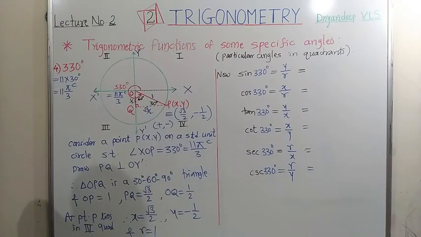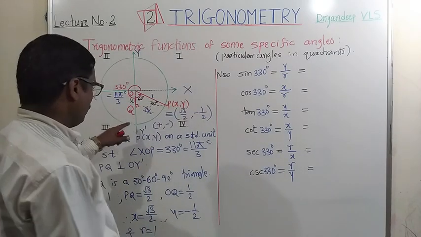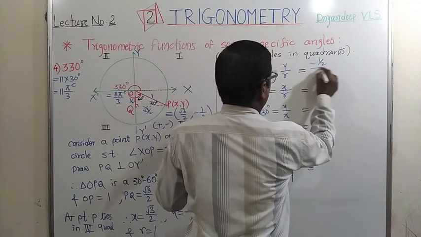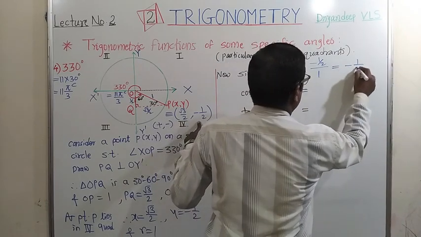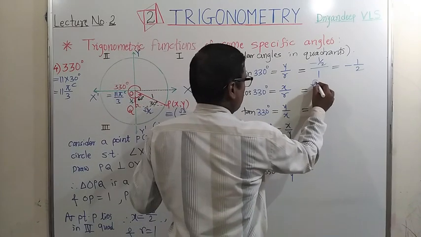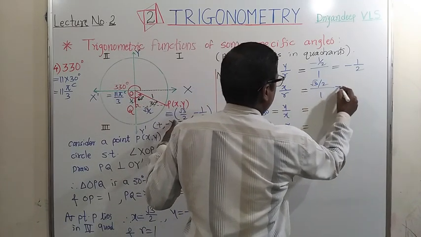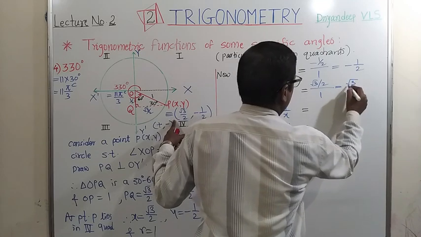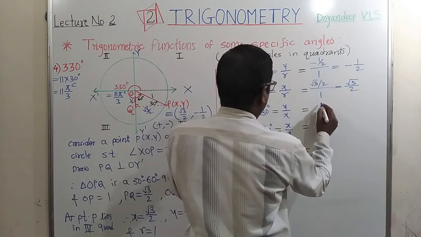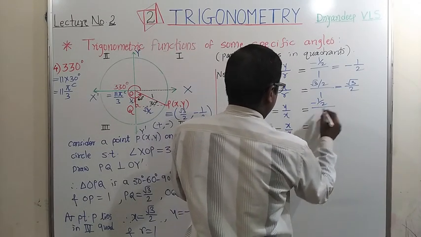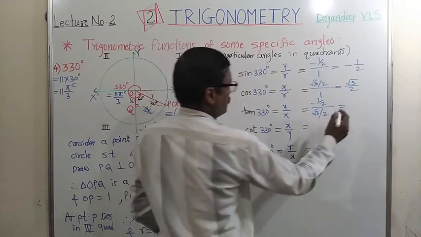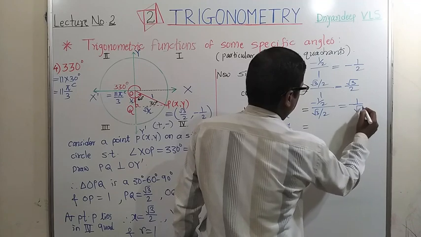As per the definitions, sin theta is equal to y upon r, y is negative half, r is 1, so we get the answer minus half. X is positive root 3 upon 2, so cos is root 3 upon 2 upon 1, which is equal to root 3 upon 2. Tan 330 is y upon x, y is negative half, x is half of root 3, the halves cancel and it remains minus 1 upon root 3.